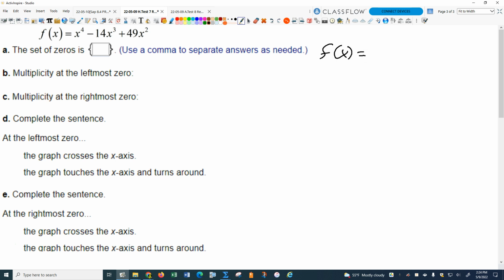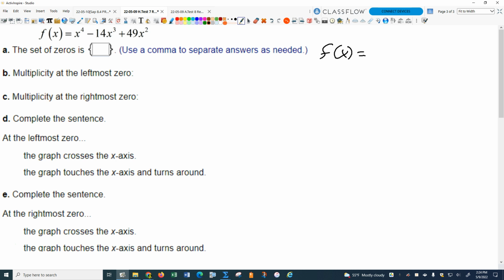What do we always try to do first when we factor? Yeah, GCF, right? We always want to factor out the biggest GCF. So what is our biggest GCF? x squared.